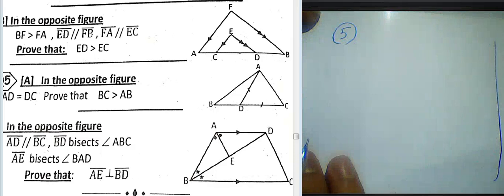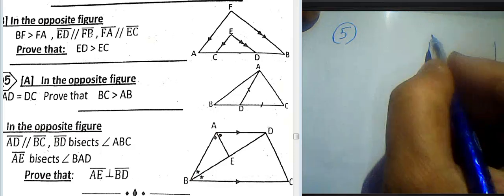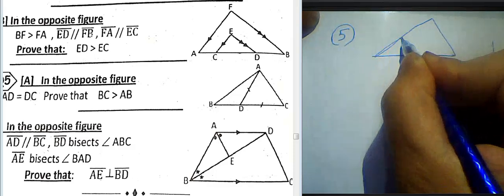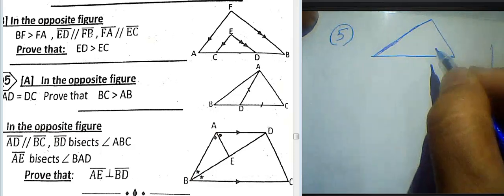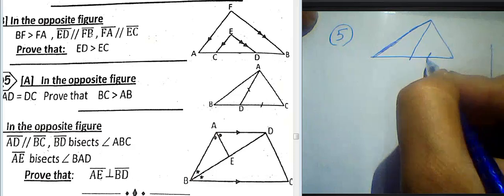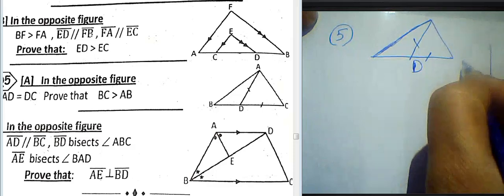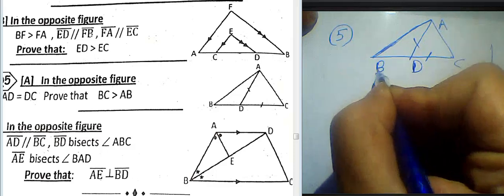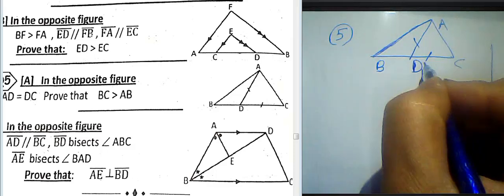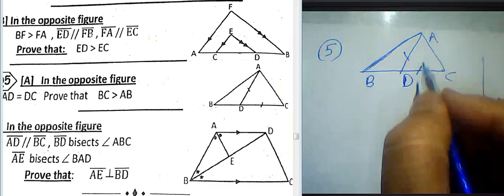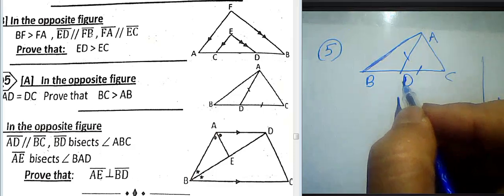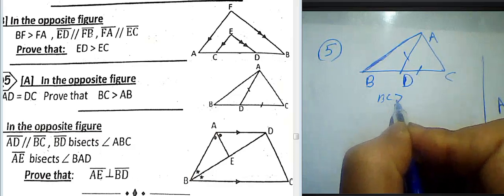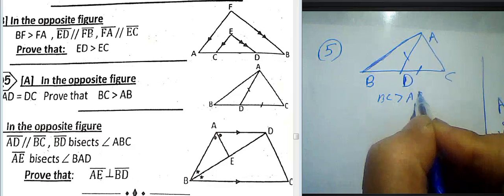Okay, question number 5. We have an isosceles triangle inside a greater triangle here. We have the long triangle and a smaller one inside it, isosceles DCA, and triangle ABC. In this example we have DC equal DA, and you want to prove that BC is greater than AB.